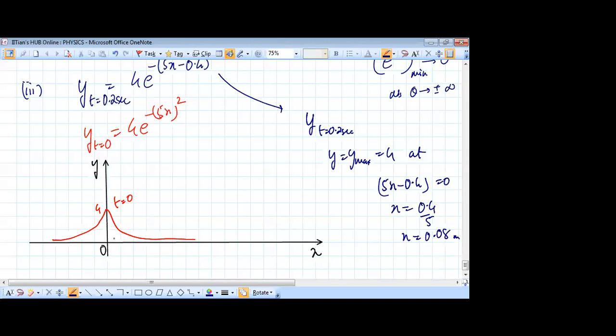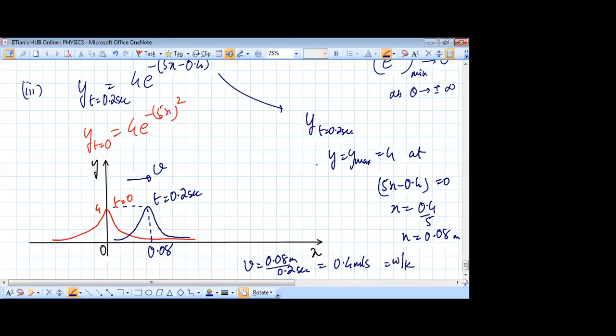So this peak would have shifted to this position, 0.08 meters at t equal to 0.2 seconds. So this is also showing you the story that the speed by this calculation is 0.08 meters in 0.2 seconds. So it is 0.4 meters per second, which is also, by the way, equal to omega by k, because this was the original equation.